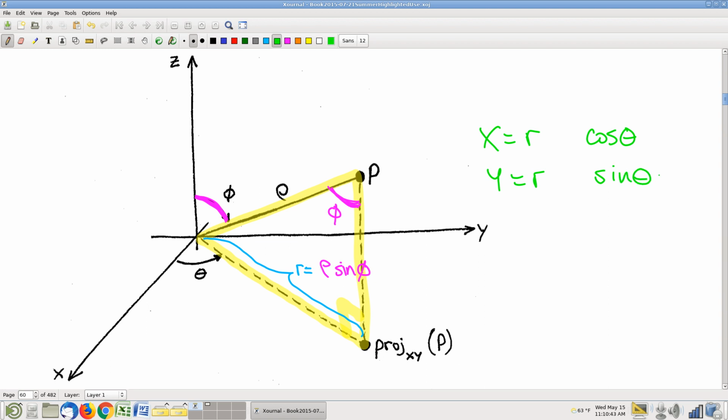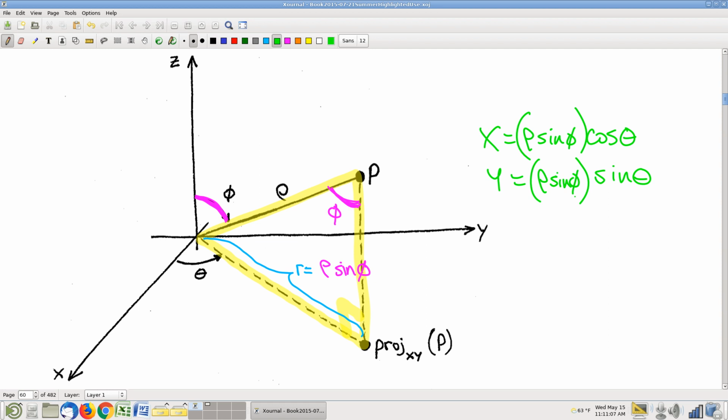Right? Well, yeah, but r is rho sine phi. So x is rho sine phi cosine theta, and y is rho sine phi sine theta.